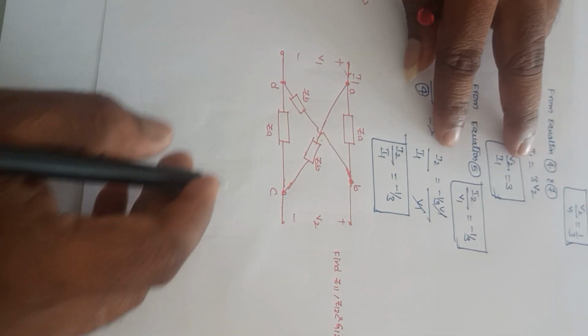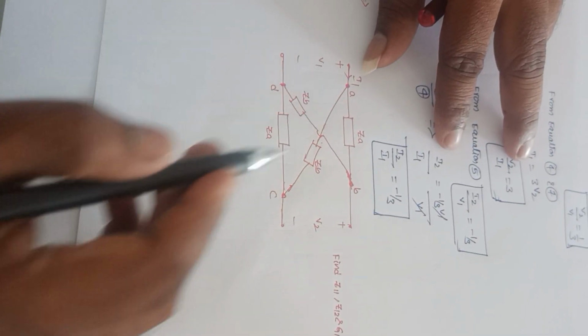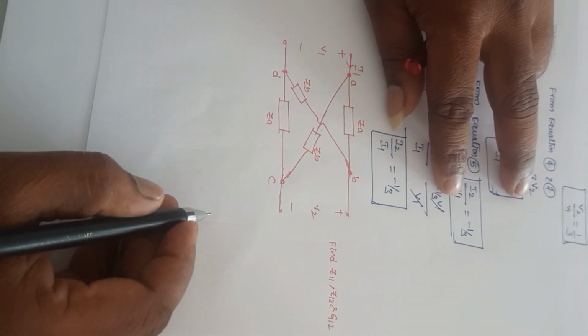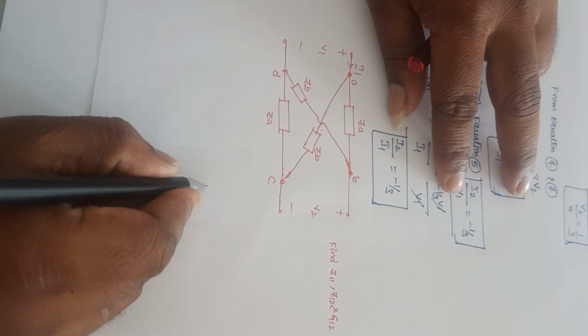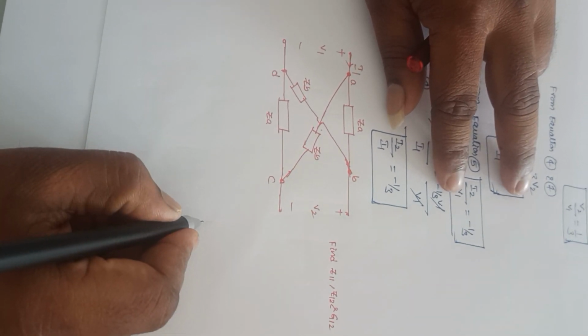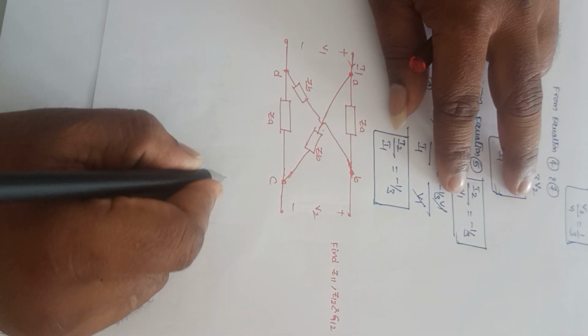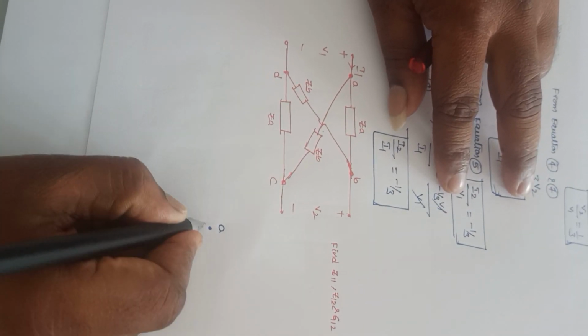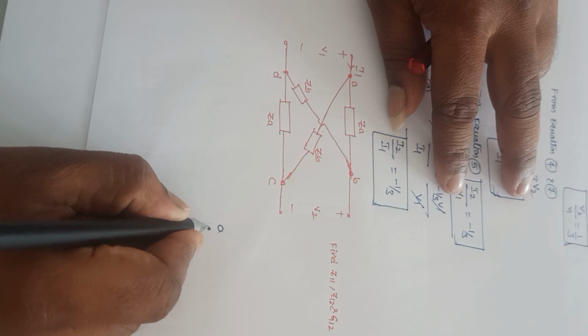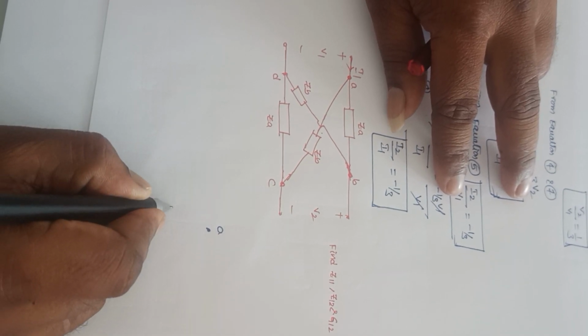Let us take this point as the A point, and this as the B point.